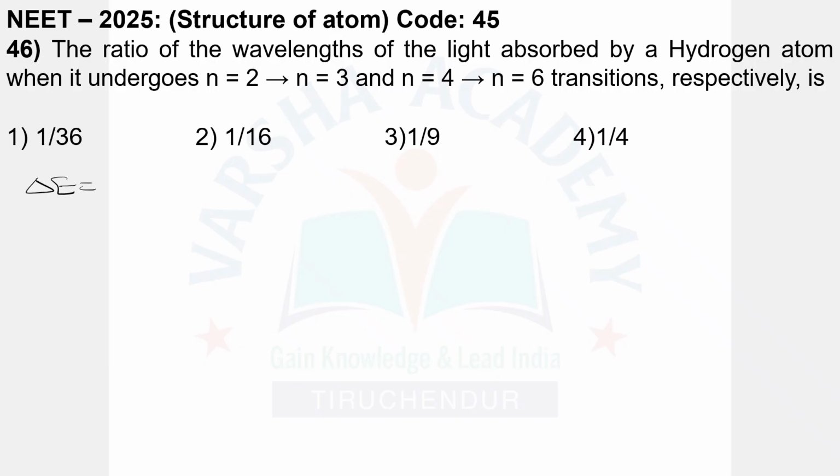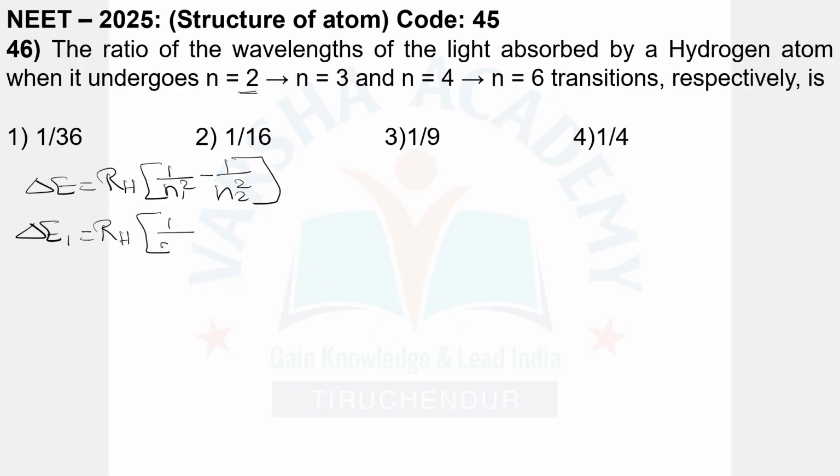Delta E is equal to the Rydberg constant RH into 1 by n1 square minus 1 by n2 square. First we take the first condition. Delta E1 is equal to the Rydberg constant RH into 1 by 2 square minus 1 by 3 square, so RH into 1 by 4 minus 1 by 9.